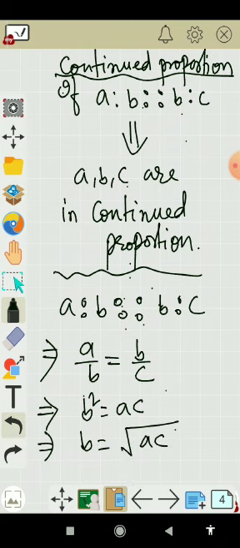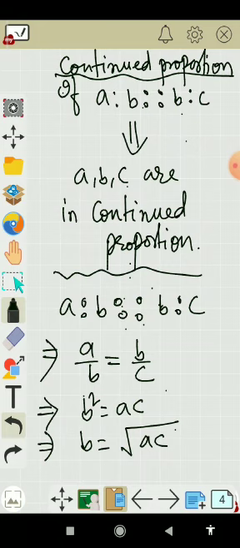So if we want to find the mean proportional or geometric mean between A and C, then we have to find the square root of A into C.